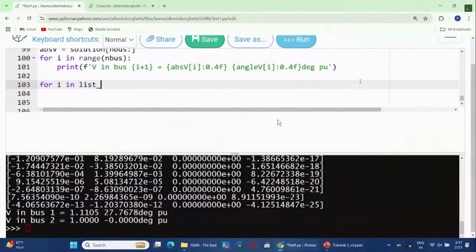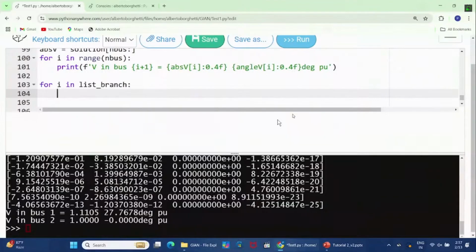List branch. And then I need here to calculate the flow in each branch. Oh, we can calculate here, but we can calculate directly into the object.